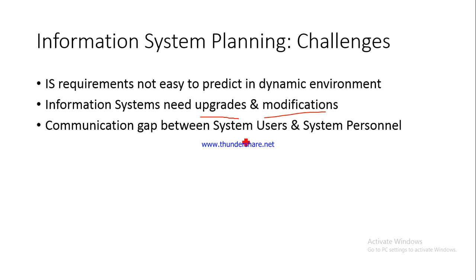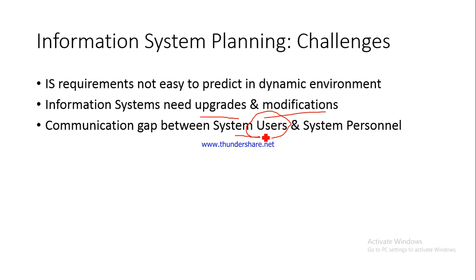So naturally, who are going to use this information system? The users are going to use it, not the designer. He only has to design the system, not the developer who is doing the programming. He only has to do the programming, but the users are going to use it on a regular basis.